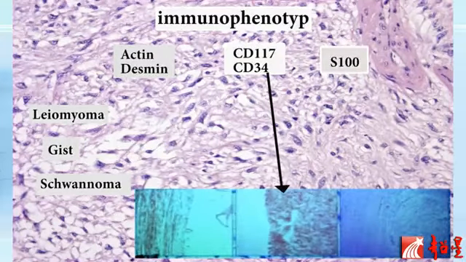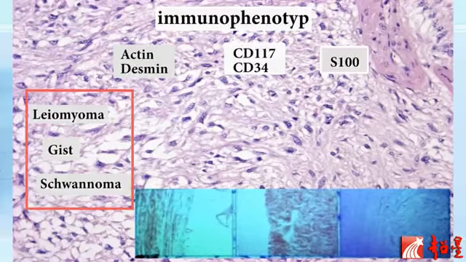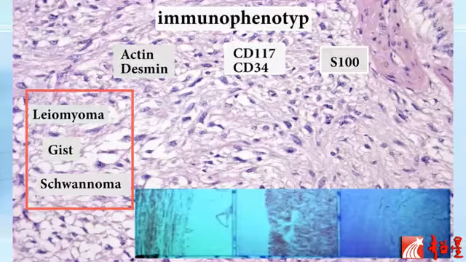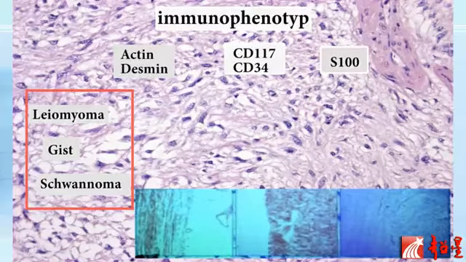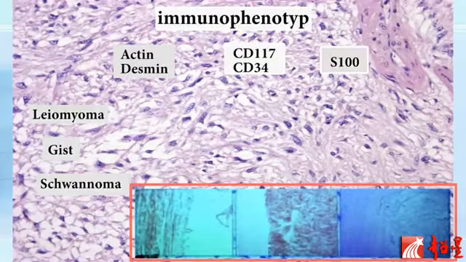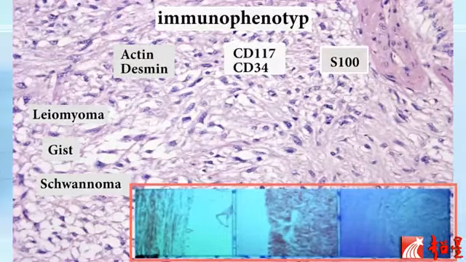Here CD117 and CD34 are positive. These three tumors are all spindle cell tumors, so from morphology they are all spindle cells.